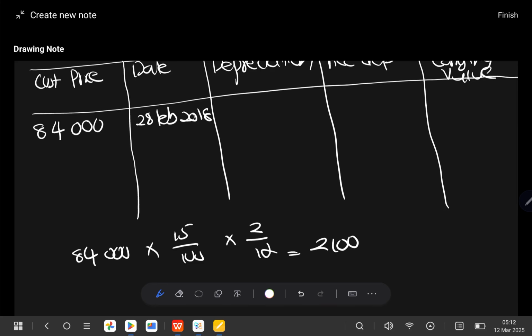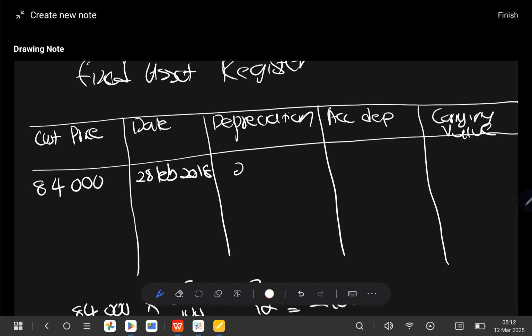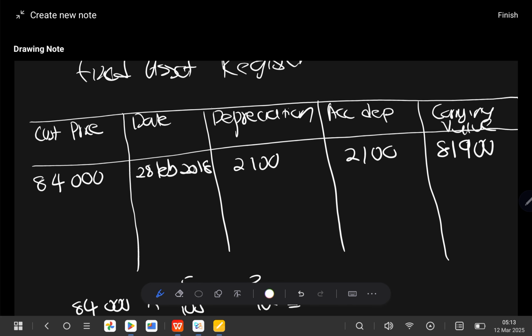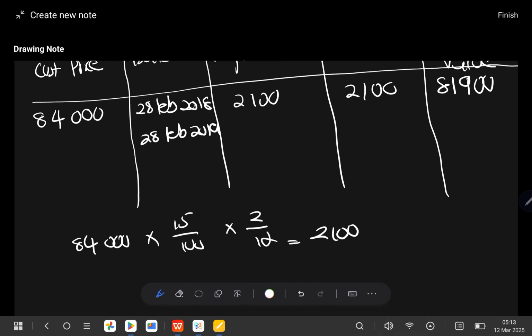So the depreciation of that asset for that first year was 2,100, and then accumulated depreciation at the first year will be the same. So if you say 84,000 minus 2,100, it's going to give you 81,900. Okay, now let's go to the year that ends on 28 February 2019. Remember, here it will be with us for the entire year.